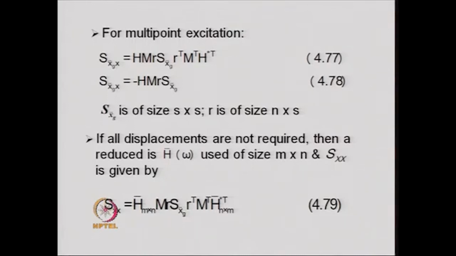That led to a matrix called Sx double dot G, which denotes the power spectral density function matrix of the excitations at different supports, in which the diagonal terms are the power spectral density of the excitations at different supports, and the cross power spectral density terms represent the cross power spectral density between different excitations at different supports.